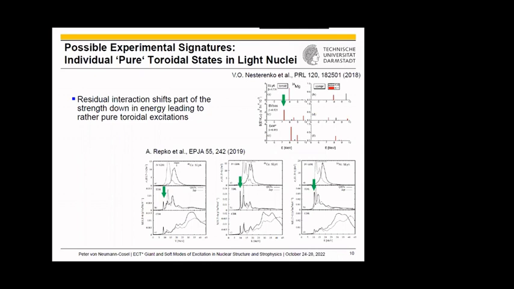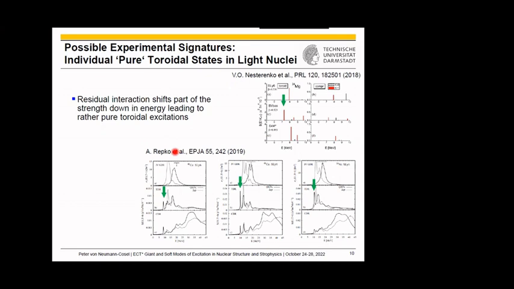They suggested that maybe a better idea is to get back to what I showed you previously, that part of the strength is shifted down in energy, and these transitions are predicted to be rather pure. So they're not representing a major part of the strength, but they are rather pure toroidal excitations.